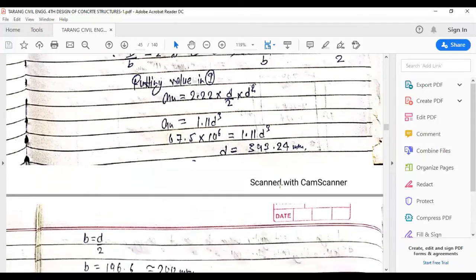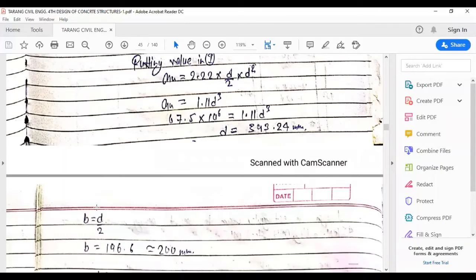And we know from our assumed value that b is d by 2. Because of this value of d, b automatically comes out to be 196.6, and we can approximate it on the conservative side as 200 mm.